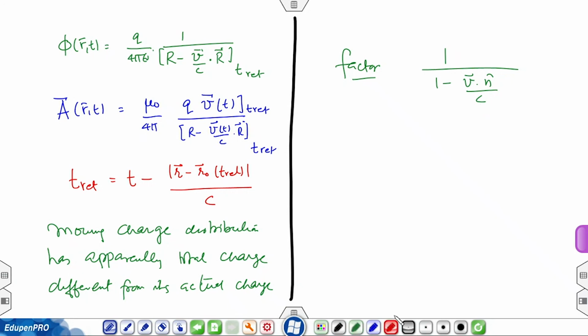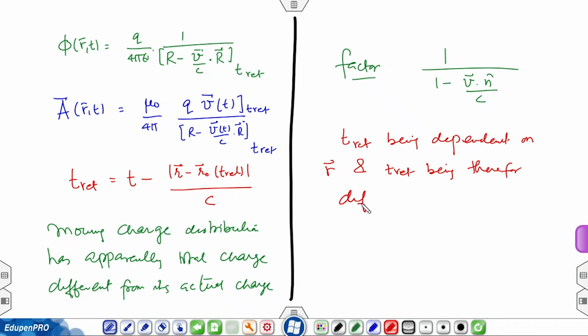And this is a result of t retarded being dependent on r prime, and t retarded being therefore different for different points in the distribution.